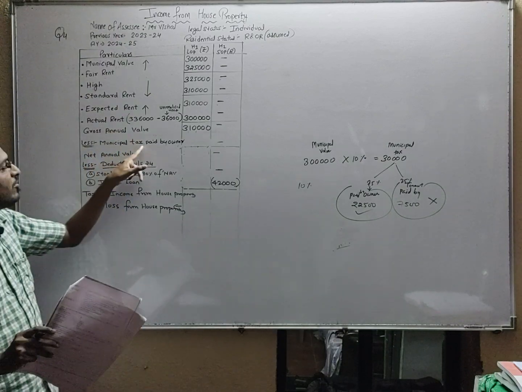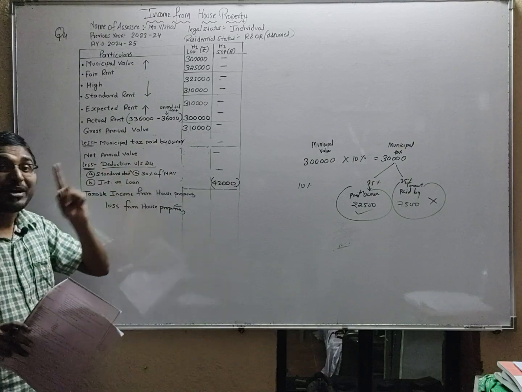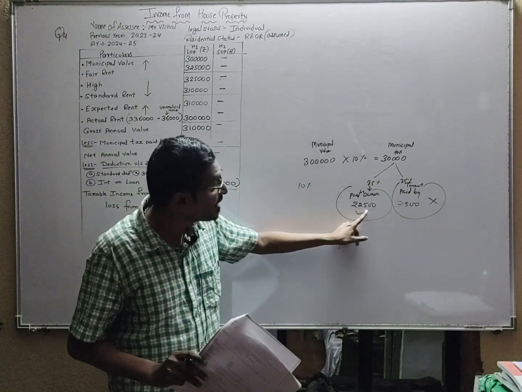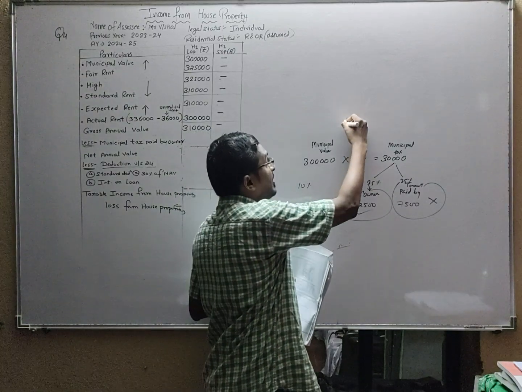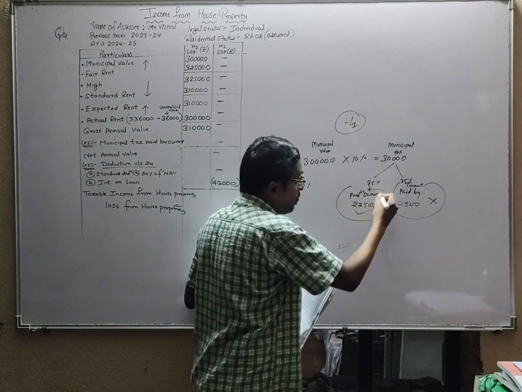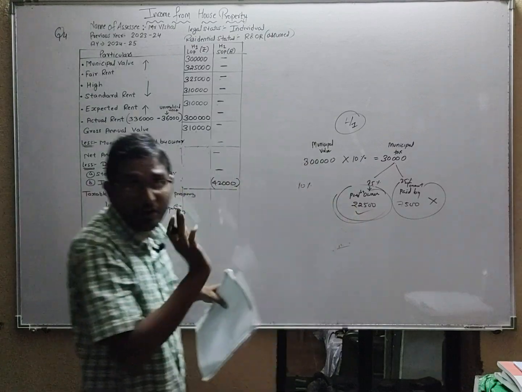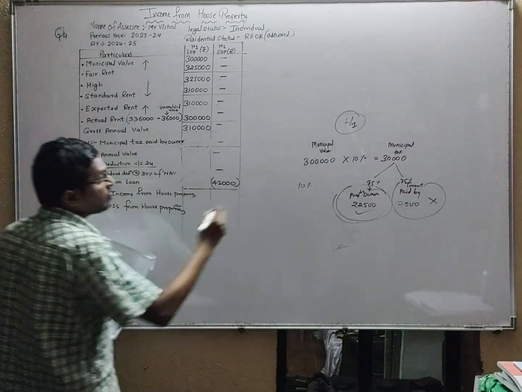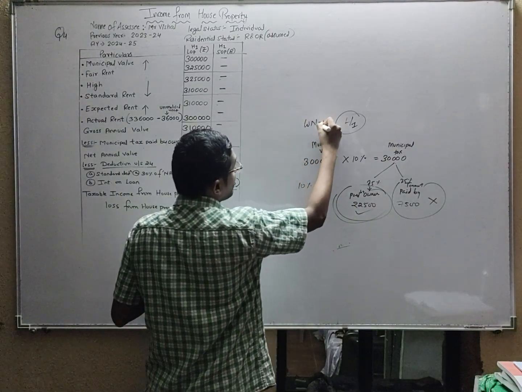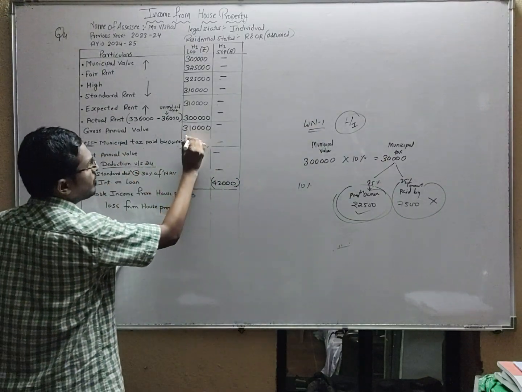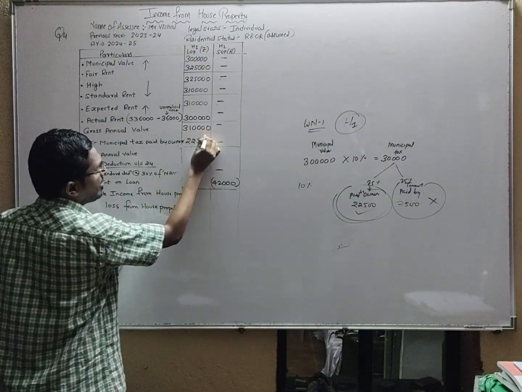From gross annual value you have to minus municipal tax paid by the owner, not by the tenant. Now how much municipal tax is paid by the owner? For house property 1, only 22,500, 75% of municipal tax is paid by the owner. Okay, so this working note you write down. This is a working note. You write down this 22,500.